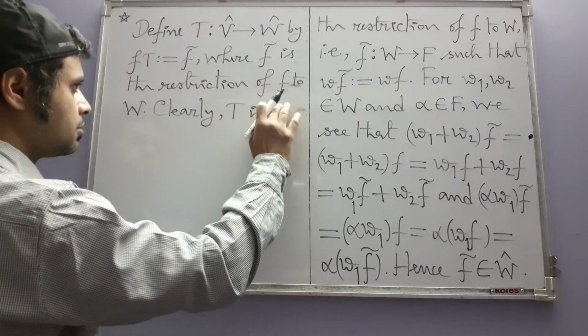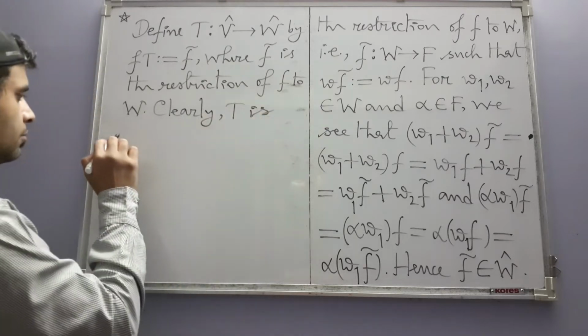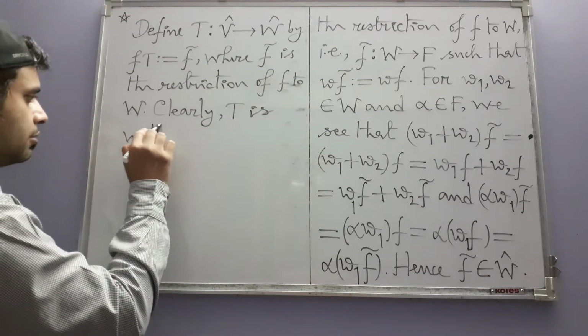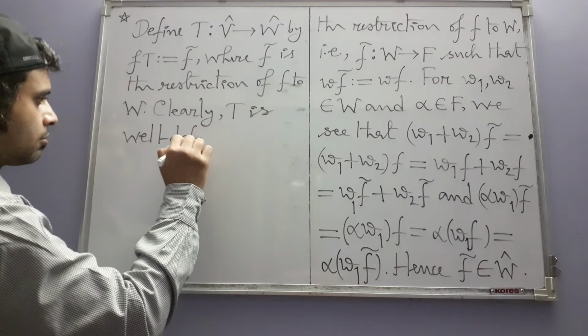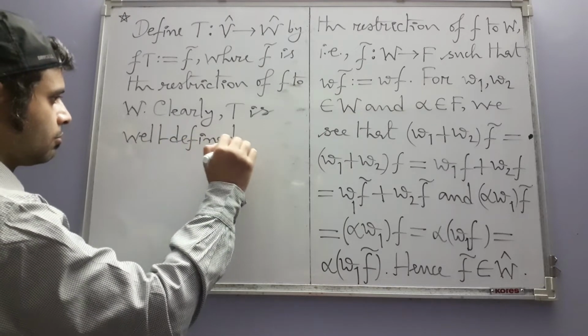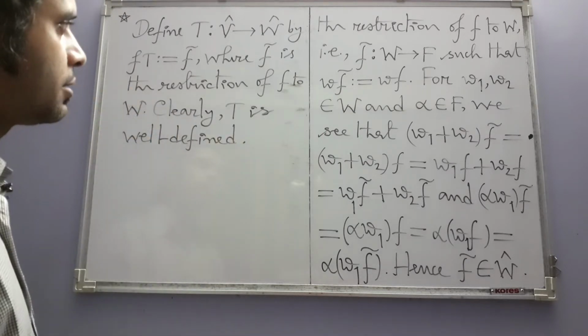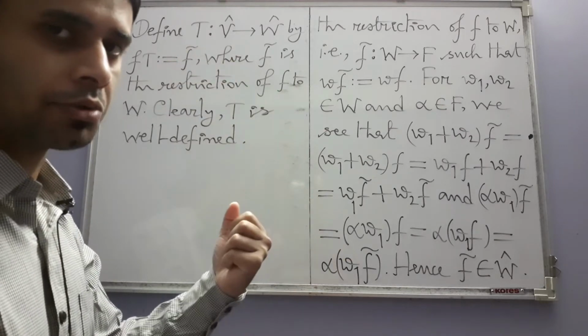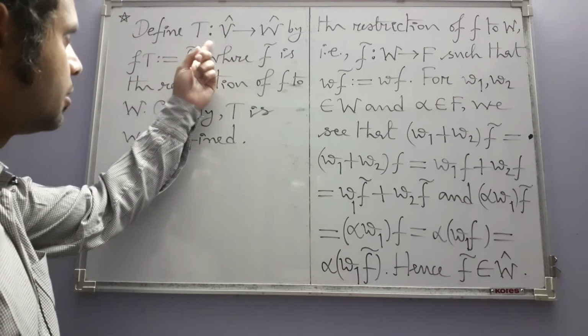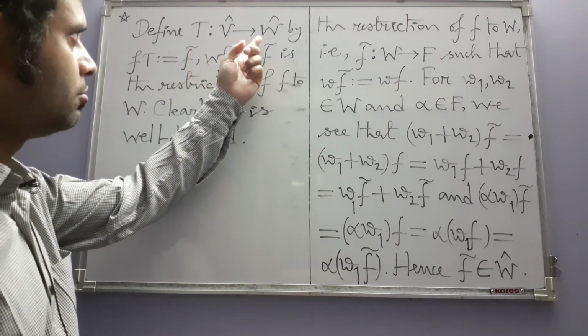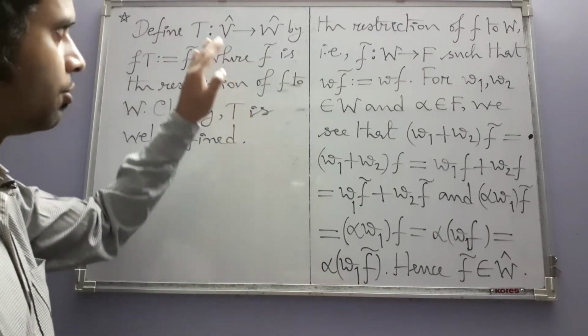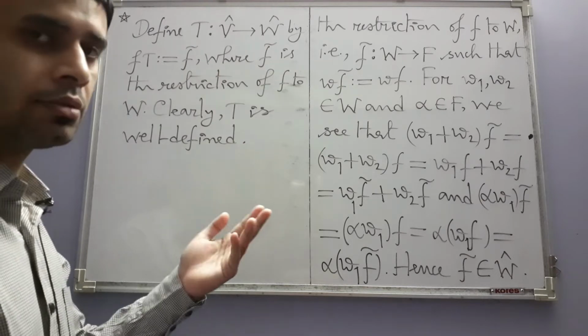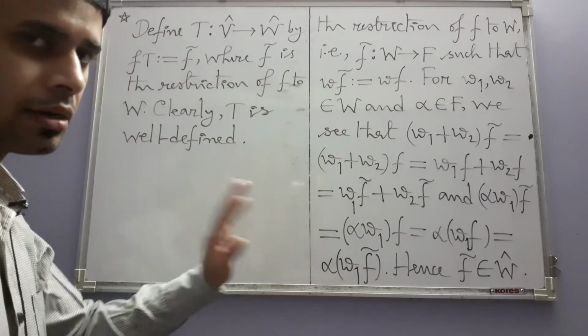T is well defined. Okay, now our next aim is to show that T is itself a linear transformation. That's because it's a function between two vector spaces after all. Both are vector spaces over the same field F, that same underlying field.